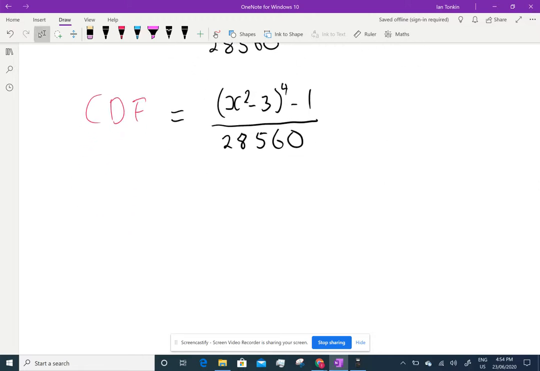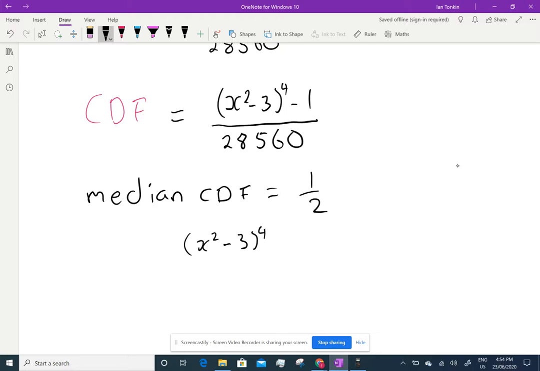Well, the median is when the CDF equals a half, halfway along. You can write 0.5 if you want. So x squared minus 3 to the 4 minus 1 over 28560 equals a half. I like working in fractions.